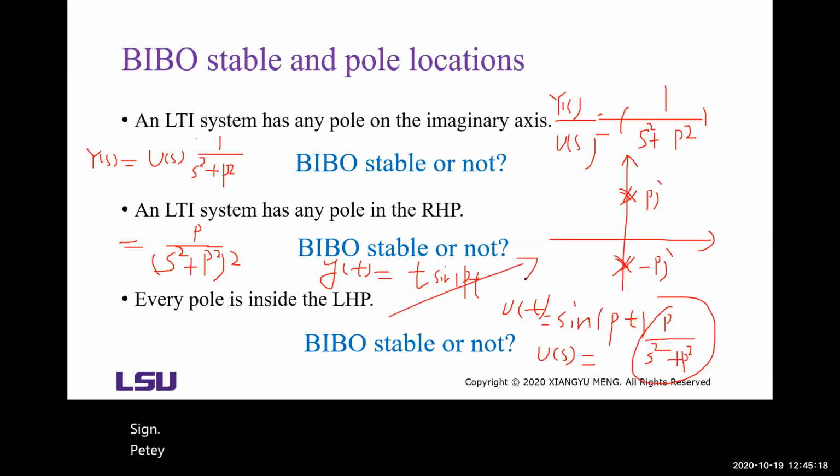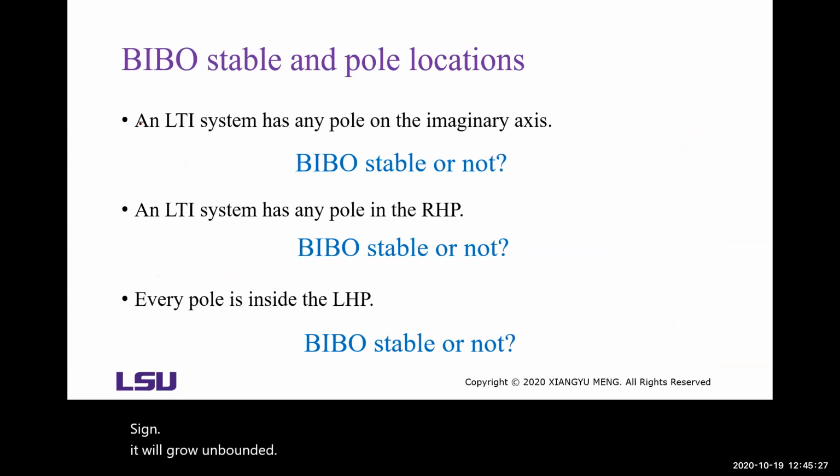It will grow unbounded. Therefore, if an LTI system has any pole on the imaginary axis, it is not BIBO stable.